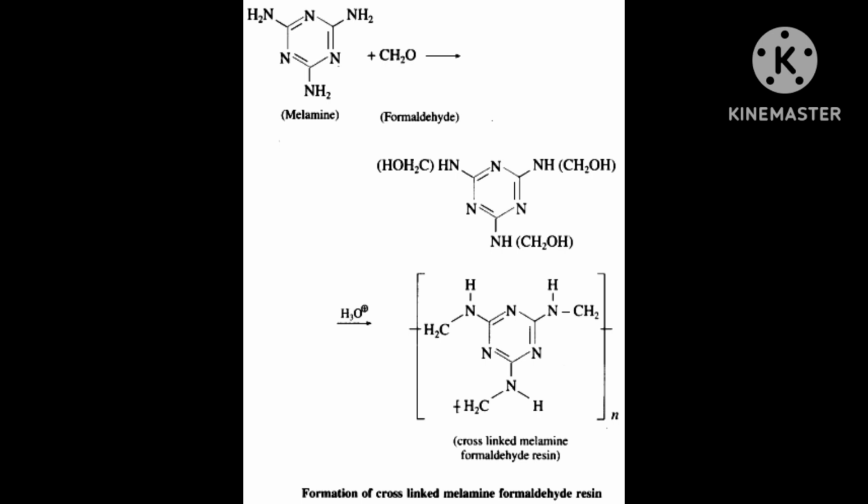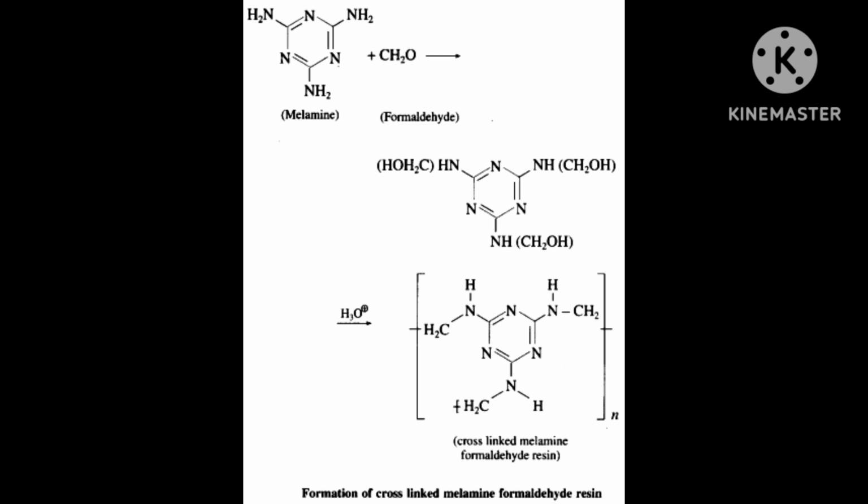Then that carbon became negative, because H went as H plus and OH went as OH minus. Then negative and positive both will join, and between the two rings CH2 will come.